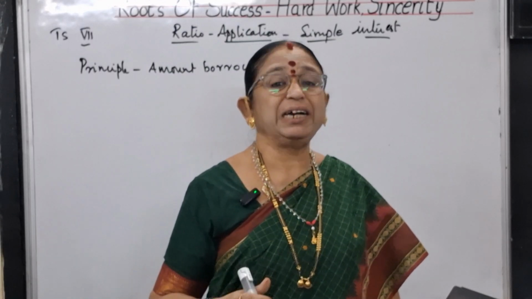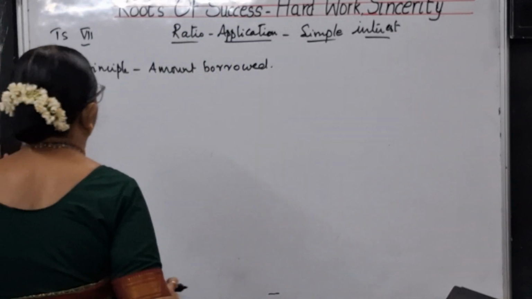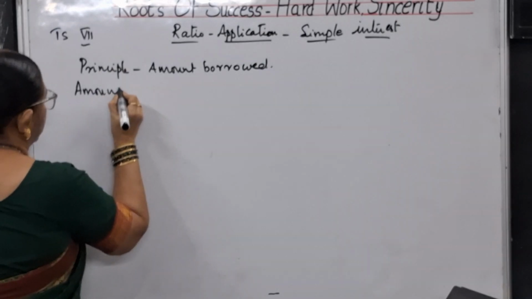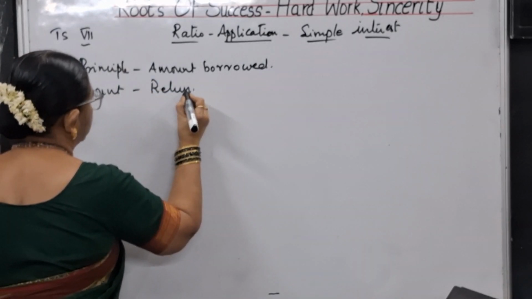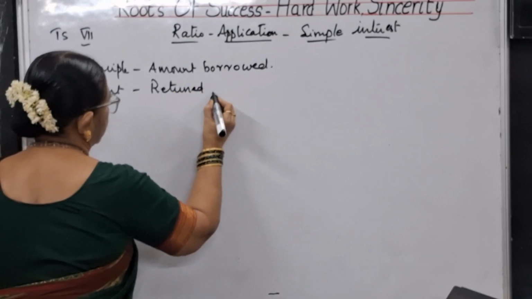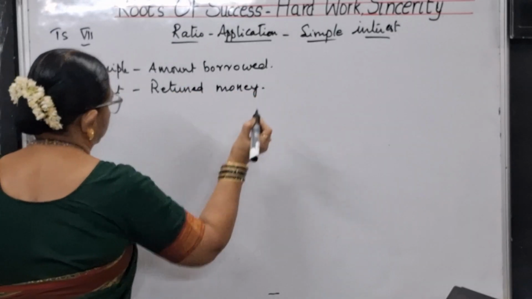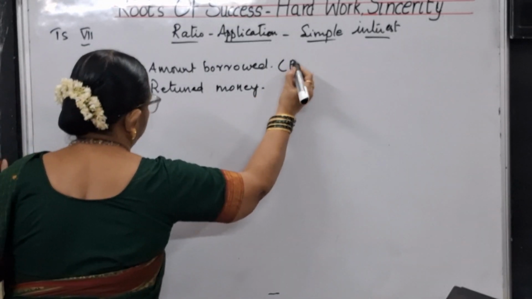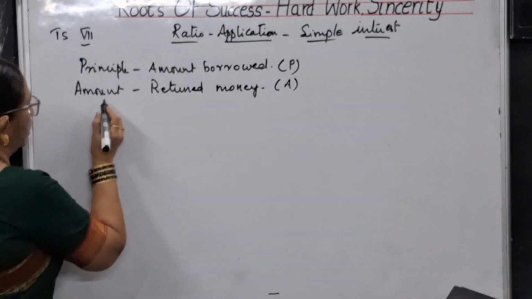So the returning amount is called amount. Amount is returned money, I can say, returned money. It is called amount.